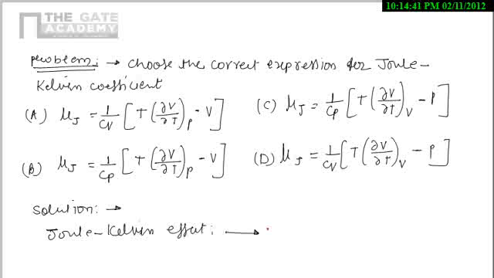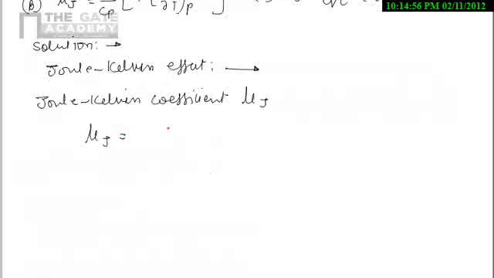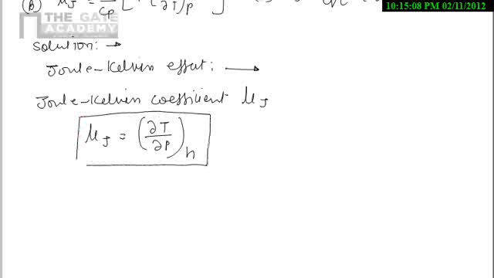Here I will first describe the Joule Kelvin coefficient, which is denoted by mu j. So mu j is nothing but del T by del P at constant enthalpy. So we can define the Joule Kelvin coefficient as del T by del P at constant enthalpy.